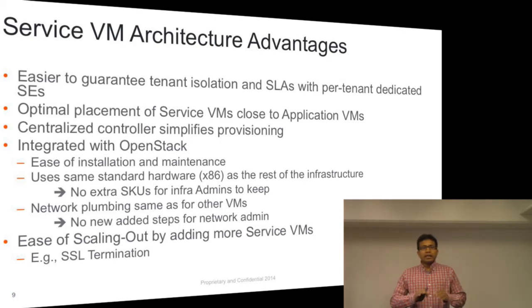And in the OpenStack environment, as I showed in the architecture, because we have this controller and the service engines, all of them running as virtual machines, it makes the installation and maintenance very easy, because now everything is inside your OpenStack. You just go through your regular Horizon UI or CLI to manage these instances. You're not going to log in to your underlying network, underlying hosts.